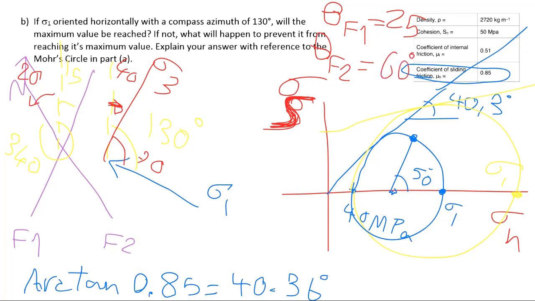If I multiply by 2, it's going to be 120, and you will see this is reaching the failure envelope under sliding friction. In that case, one of these sets is going to be activated, and that one is the one oriented 340 degrees with respect to north.